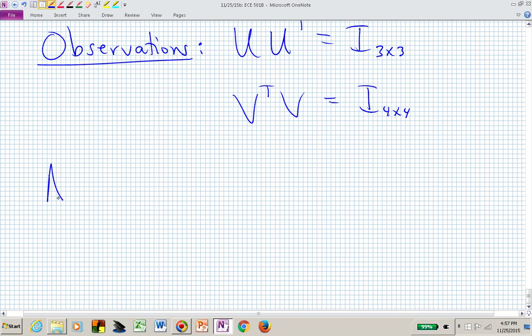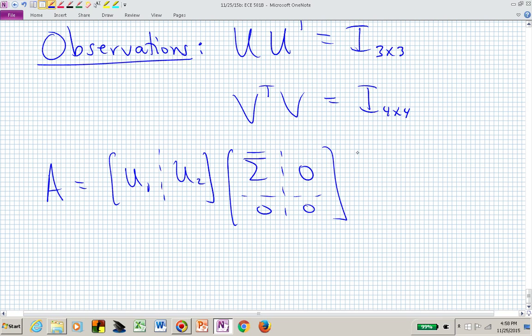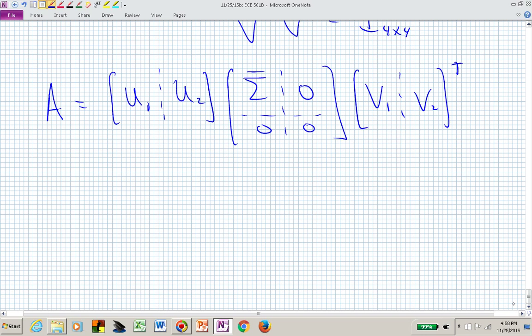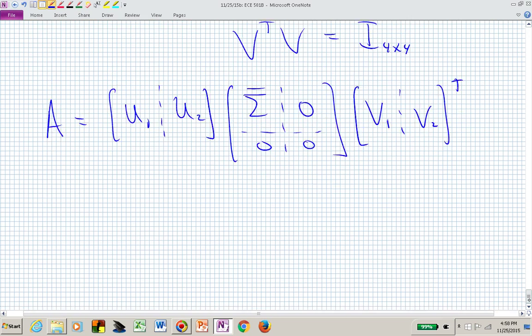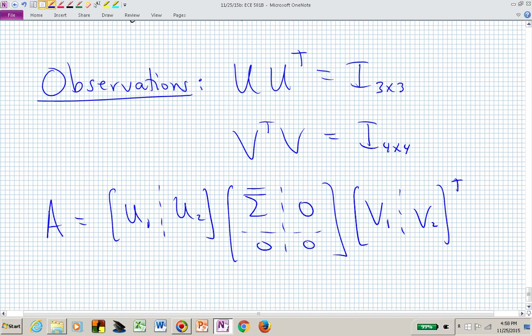which now allows us to say, if we write A in its factored form as U1 U sub 2 times sigma bar 0 0 0, where these matrices are all compatibly dimensioned. Now if we multiply on the right by V, look at what V transpose V does on the far right.